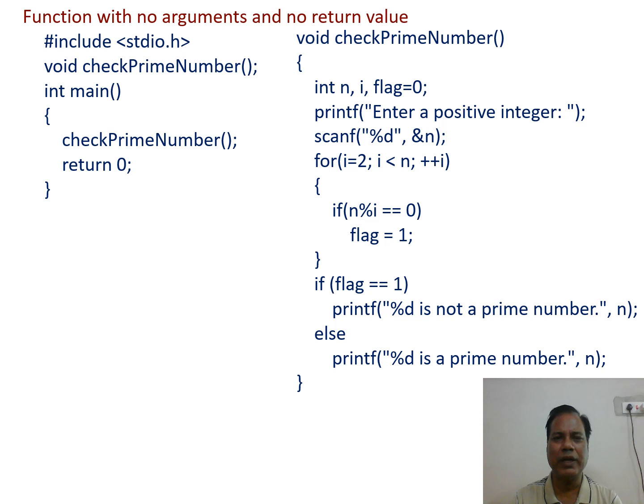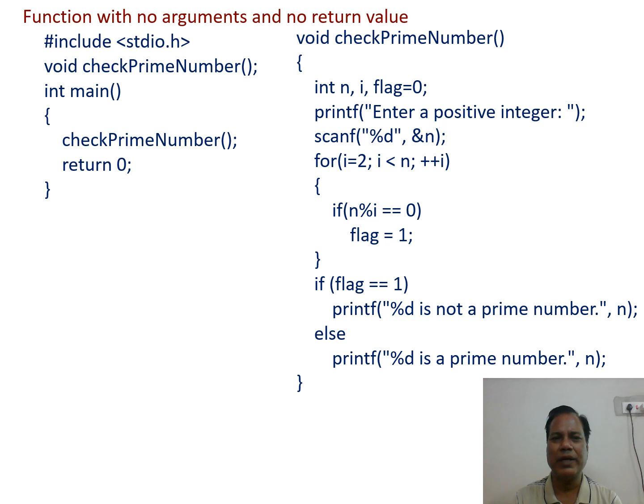Similarly, before the name of the function, the void keyword is written. The use of this void indicates that the check prime number function is not returning any value to the calling function. Then int main open and close parenthesis, this is the name of the function.